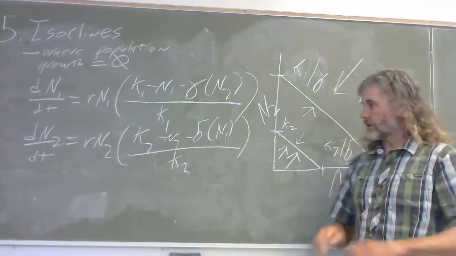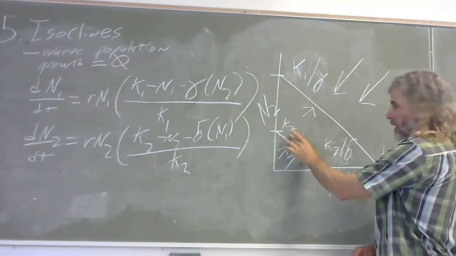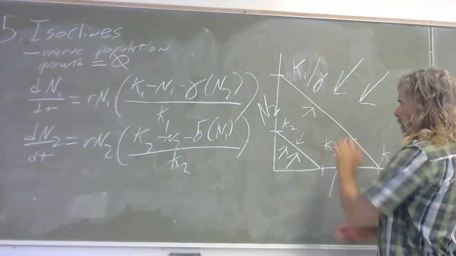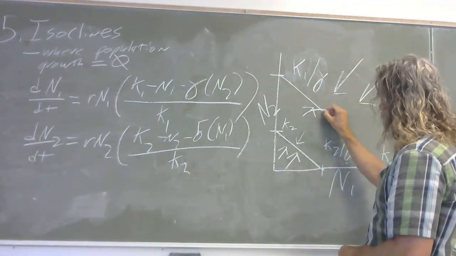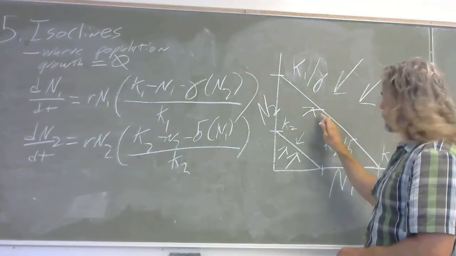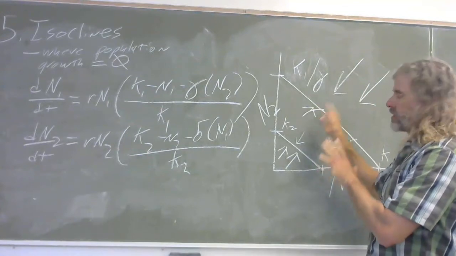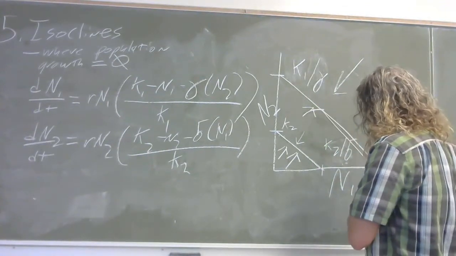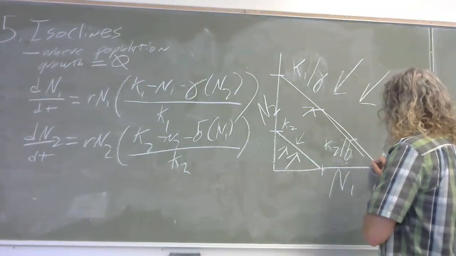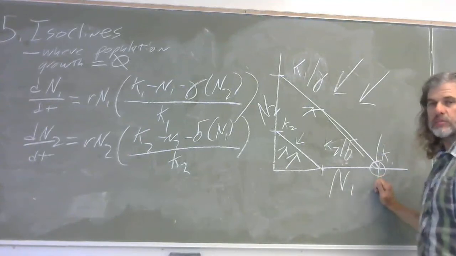What will happen here is species 2 will have a negative growth rate, and species 1 will become positive. The way this will proceed is that species 1 will grow until it hits its isocline, and then the whole system will travel down to this point, K1, the carrying capacity of the first species.